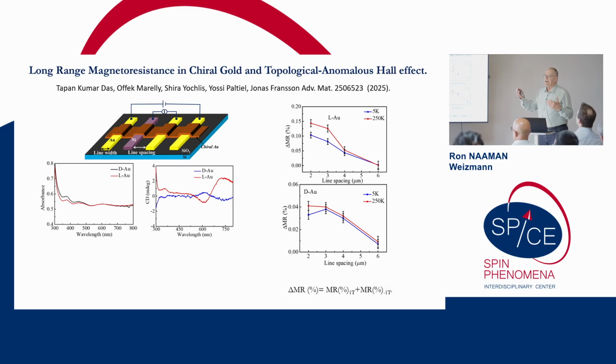This is very similar to biomineralization. If you wondered why snails are chiral, the reason is that in the calcium oxide or silicon oxide, there is doping of chiral molecules. That's the reason.